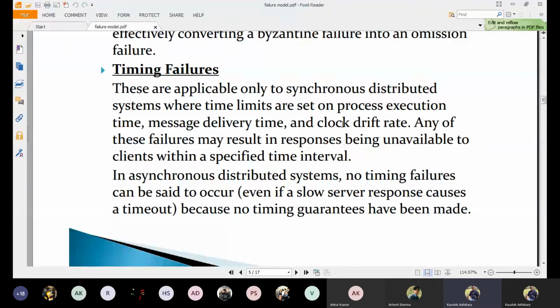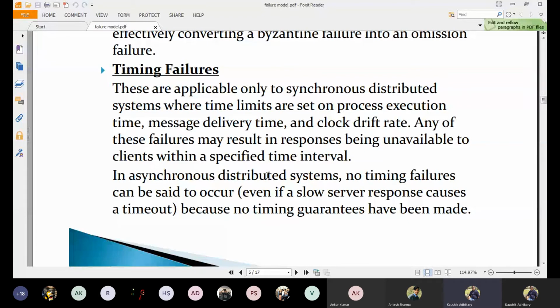So when there is a failure in any of this execution or timing, that is called a timing failure. Any of these failures may result in responses being unavailable to clients within a specified time interval.